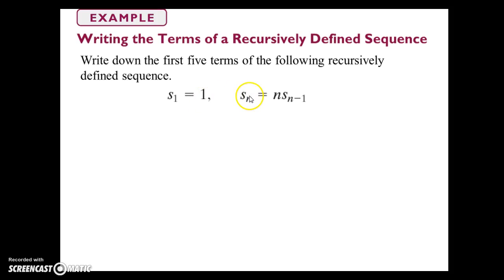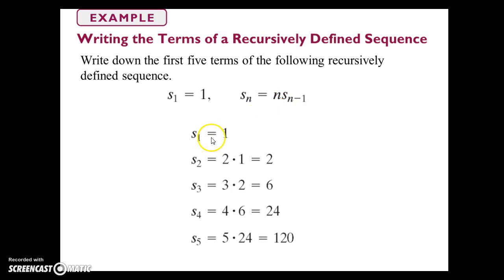And then the rest of the terms are based off this. So I plug in, and here's where your domain needs to be, like in this case, 2 or greater. I plug in 2, and S of 2 minus 1 is, what's 2 minus 1? 1. What's my first term? 1. So 2 times 1 is 2. Okay, so S of 1 is given, and the rest is based off that.